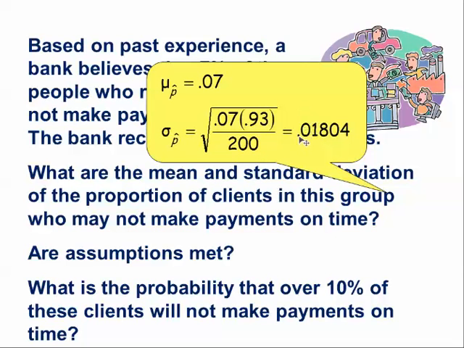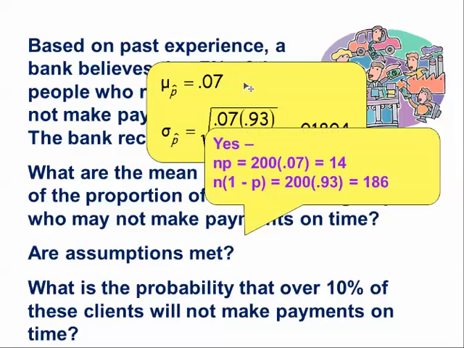You get a standard deviation of 0.018, nearly 0.02. So 80% of these loans are going to fall between 0.05 and 0.09. Cool?